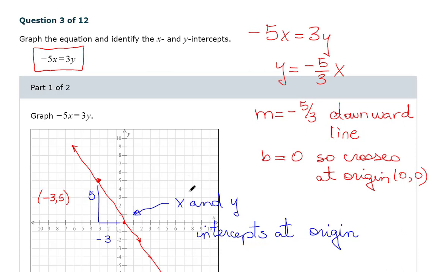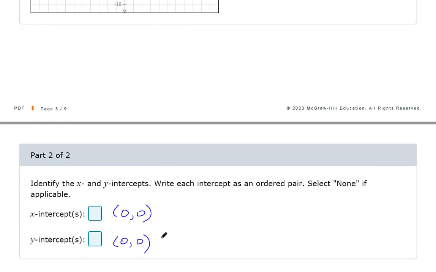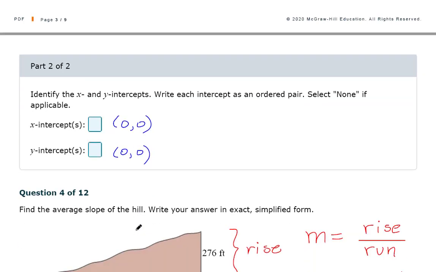So you could pick some point that's easy to calculate with. I picked minus 3 because that canceled. You could have picked positive 3 and it would have worked as well. And the x and y intercepts of that, because it crossed through the origin, are both at the same spot.